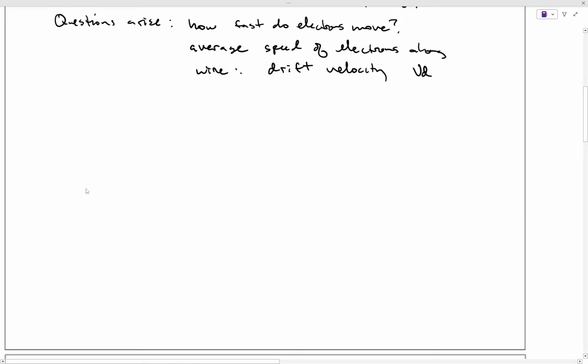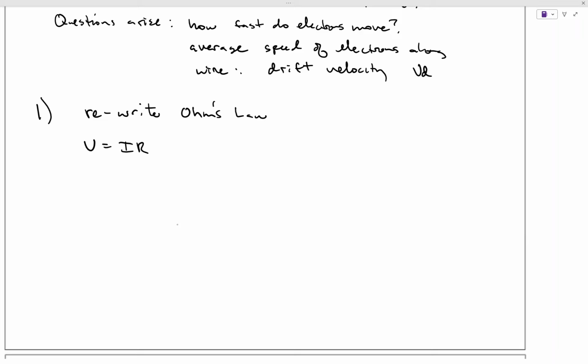But first, let's rewrite Ohm's law in terms of some properties. We start from our familiar expression, and let's recall a couple things.